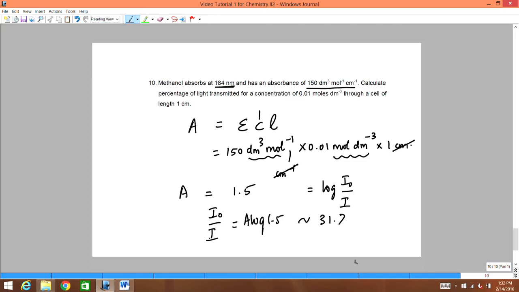So, the percentage of light that comes out is roughly 3.15%. Because I naught by 31.7 will be I, and that is 3.15% of the original I naught.